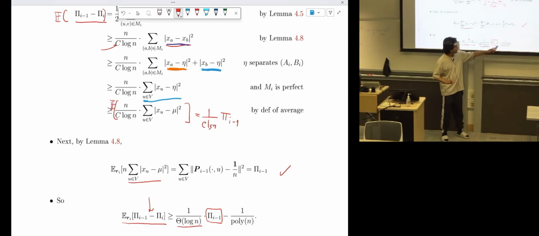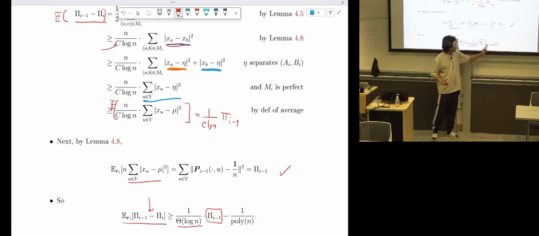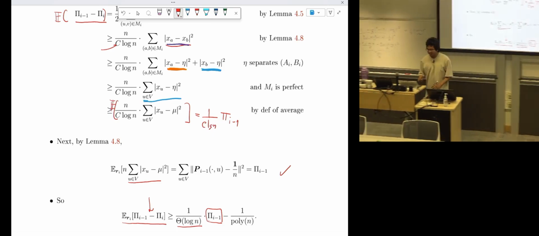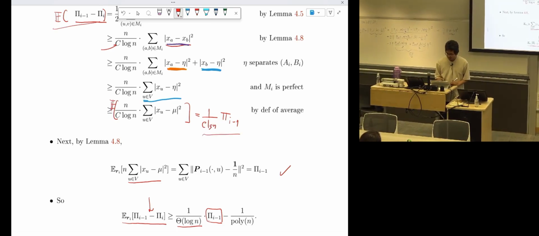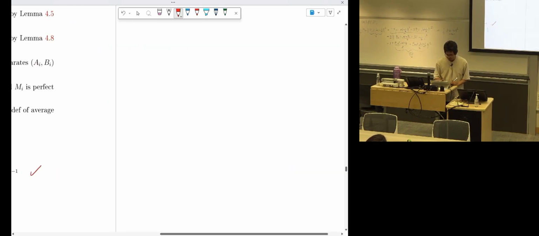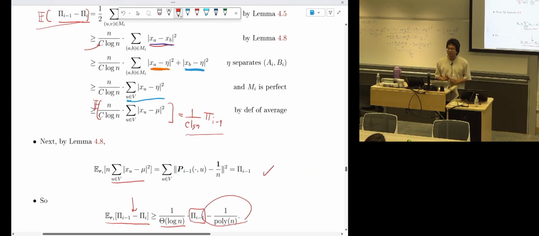Why do I need to have this term actually? It seems like I can just put the expectation and then I get this thing. Why do I have this?